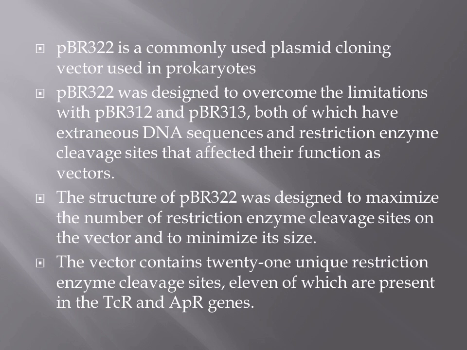pBR322 was designed to overcome the limitations of pBR312 and pBR313, which were derived previously. These vectors had certain drawbacks, and to overcome these limitations pBR322 was developed. Both earlier vectors had extraneous DNA sequences and restriction enzyme cleavage sites that affected their function as vectors.